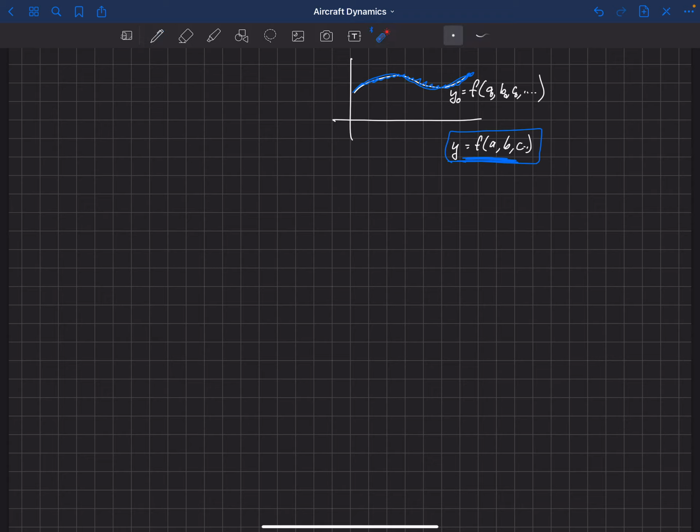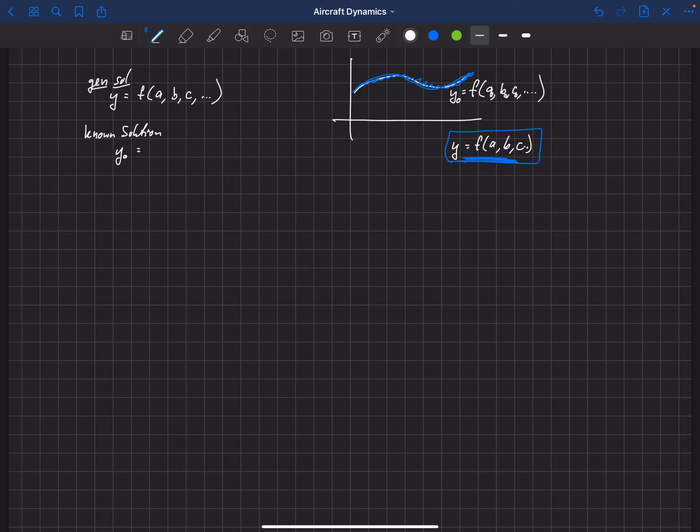Okay, so this probably is feeling a little bit theoretical. Let's walk through some math to show you the methodology here, and then, like I said, we'll go through an example. Okay, so we start out with just our general solution. So this is our general solution, y as a function of some parameters, a list of parameters, and we have a known solution that is y naught.